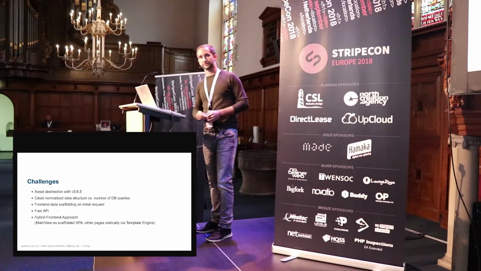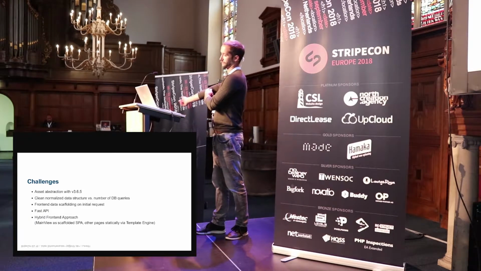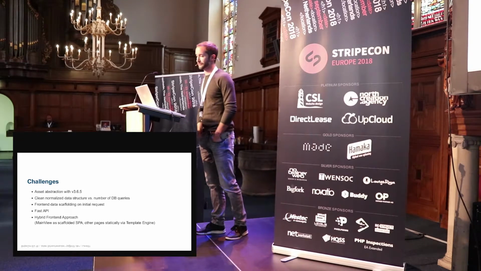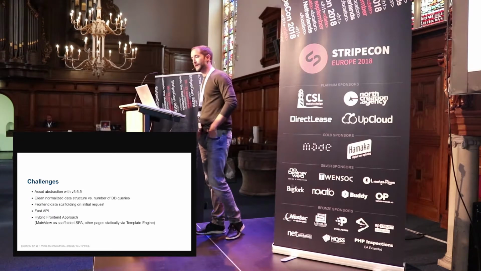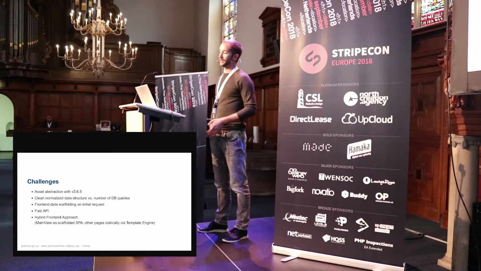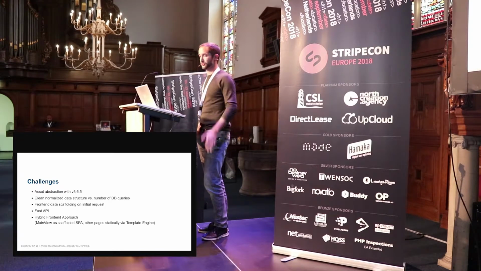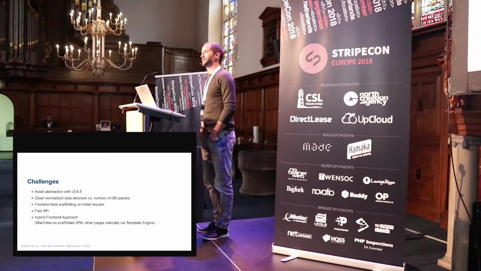So our challenge management was the following. We still did it with SilverStripe version 3.6.5, but we needed asset abstraction. We knew there would be a lot of videos and a lot of images uploaded, tons of gigabytes, even terabytes. We weren't sure, so we said asset abstraction would be a good thing.